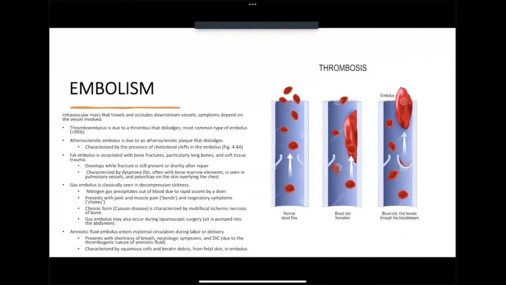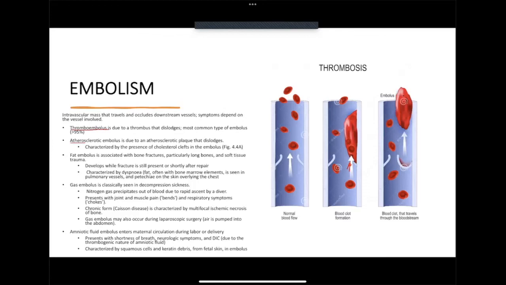Now, embolism. Embolism is an intravascular mass that happens when a thrombus dislodges, okay? So you have a thrombus here, a blood clot, and then when it dislodges, you form an embolus. It doesn't only have to be a thrombus.